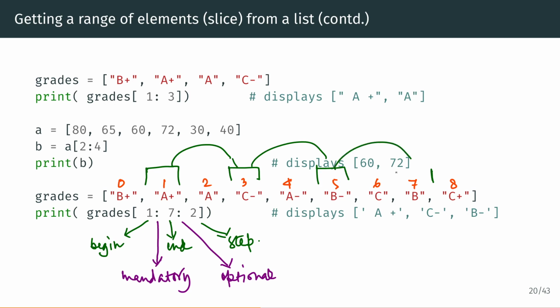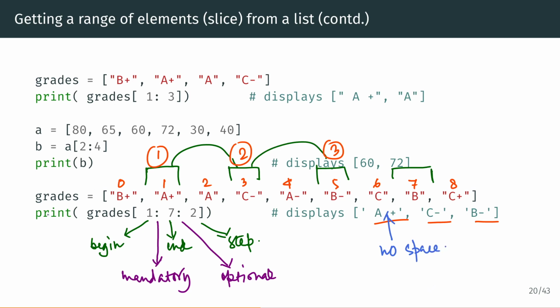And then we would not print this though, because 7 is not included. We could have printed 6, but because we have a step size of 2, that's where we stop. So this displays A plus, which is this one, C minus, which is this one, and B minus, which is this one. Okay, and again, the space here is a mistake. There would be no space. Again, no space here. Okay, no space.